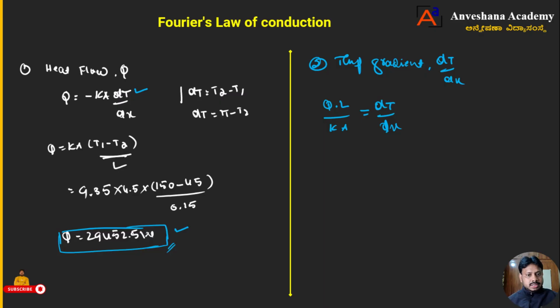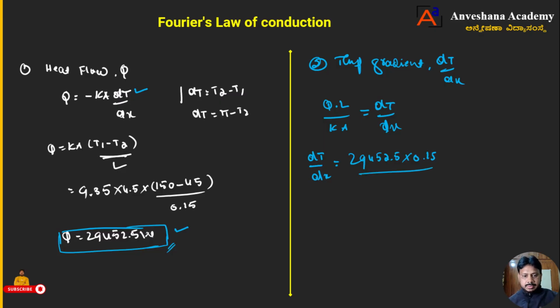Hence you can neglect this. So dT by dx is equal to, what is the Q value? You know already, 29452.5 multiplied with the thickness of the plate, that is dx or L, 0.15, divided by what is K?